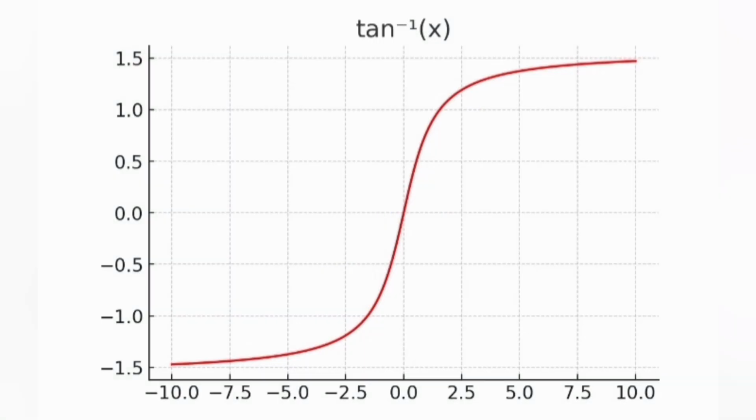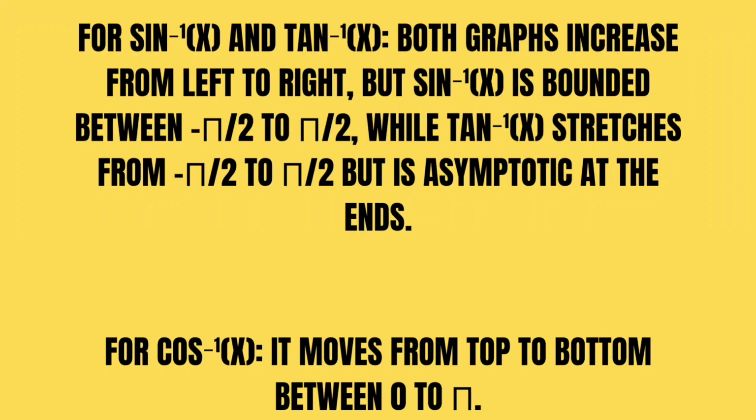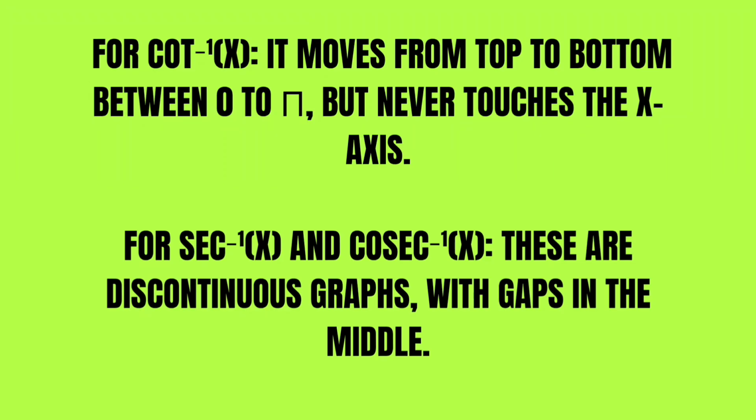Similarly, cos inverse of x moves from top to bottom between 0 to pi. Then cot inverse of x moves again from top to bottom between 0 to pi, but never touches the x-axis, right? Cot inverse of x is similar to cos inverse of x, but it never touches the x-axis.